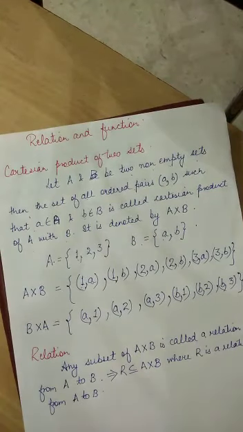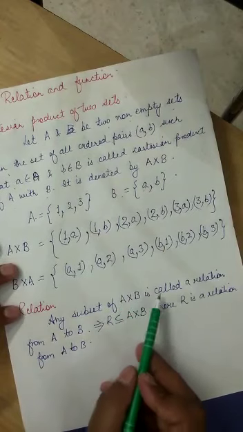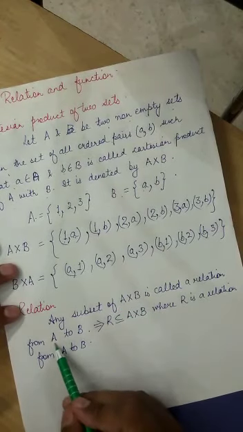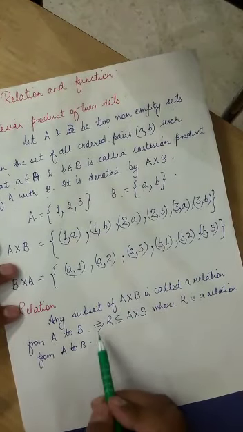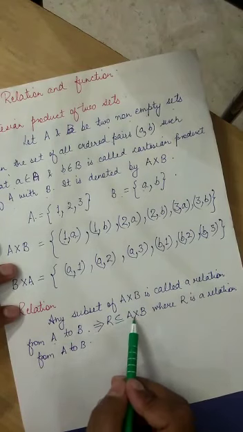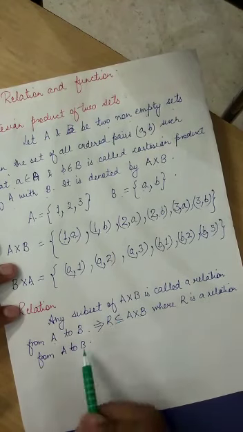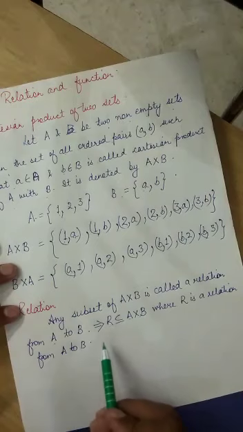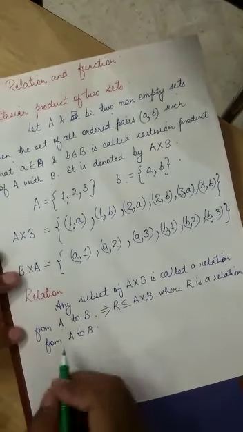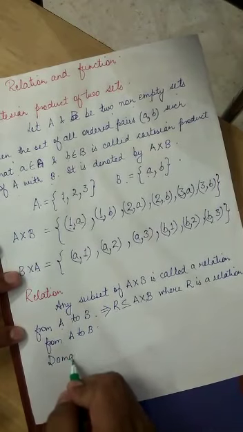Now let us discuss the relation. What is a relation? Any subset of the Cartesian product is called a relation from A to B. This implies that R is a subset of A cross B. Here R is a relation from A to B. Then what is the domain?